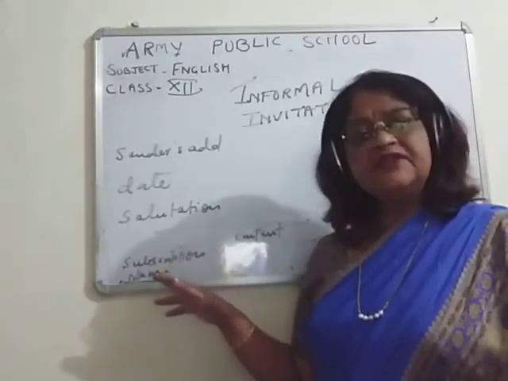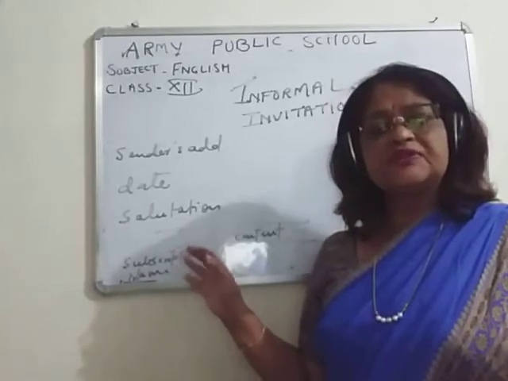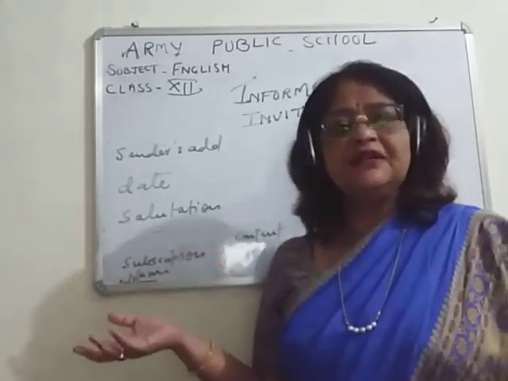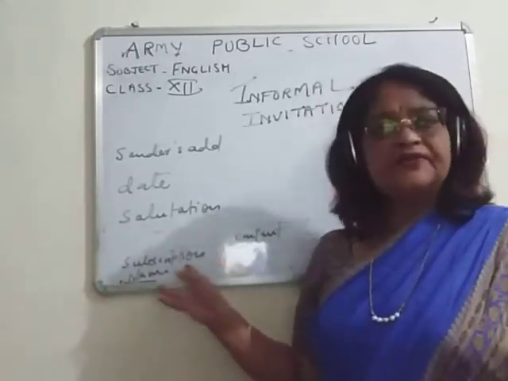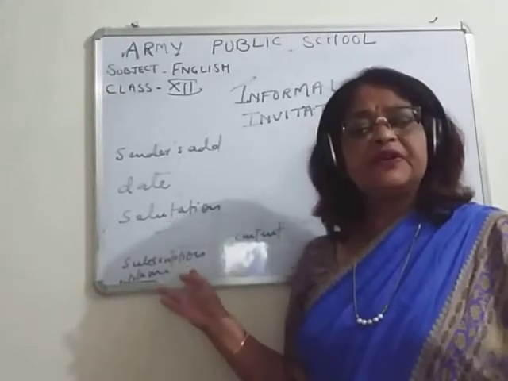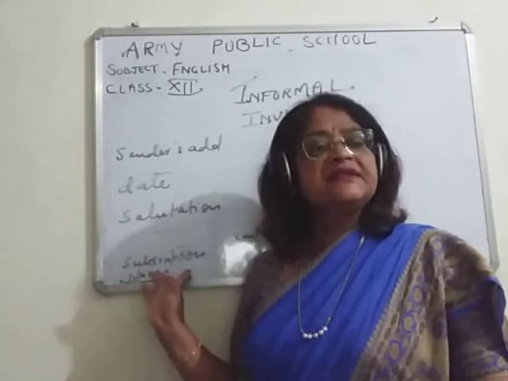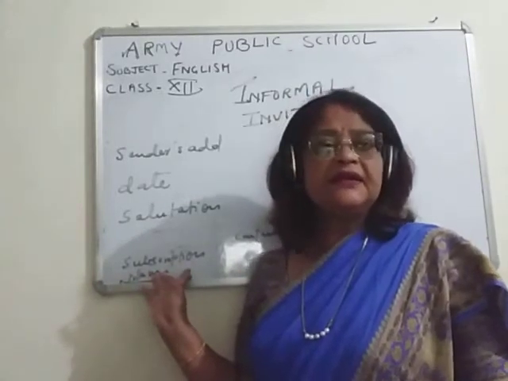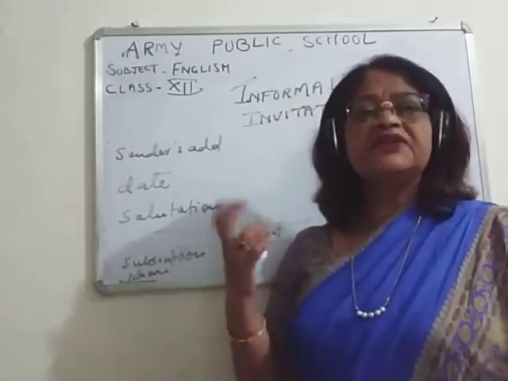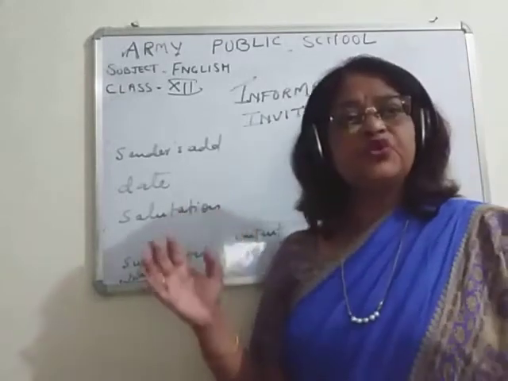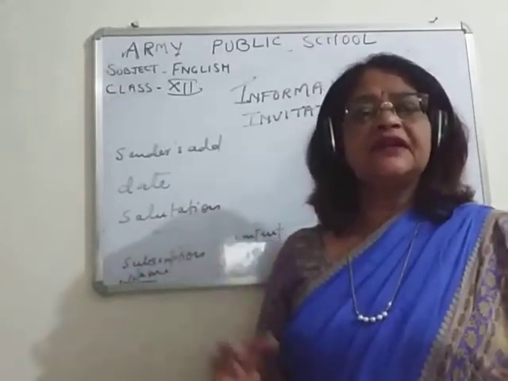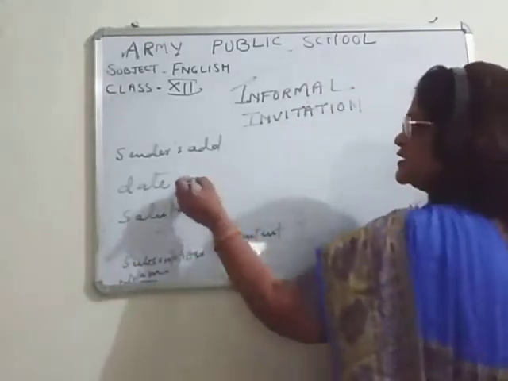Then finally, children, you have to write the subscription. Generally we write yours sincerely. And then you have to write the name of the person who is sending this invitation. One more thing, children: I will write on the board how to write the date. You cannot write any other type of date. You have to write the date like this.